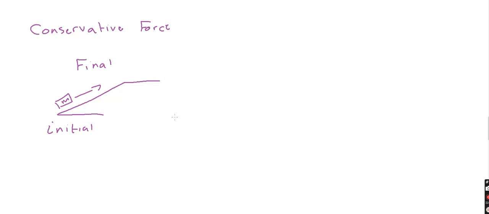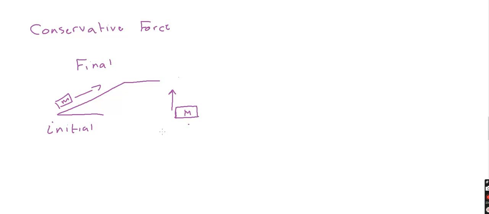But somebody else can move the same block M directly up like this from the ground to the top, right? If we have a conservative force, that conservative force will do the same work in moving over the incline as it would if it was moving directly vertically upwards.